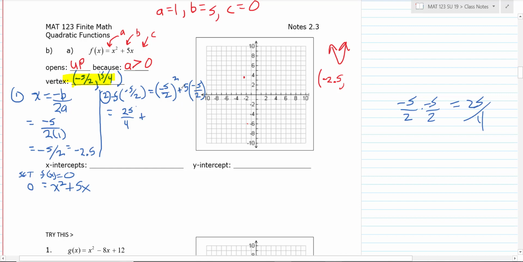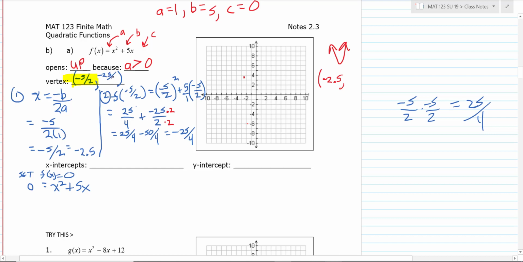And then this would be minus 25 over 2. Get a common denominator now by multiplying by 2 over 2, and you're going to get 25 over 4 minus 50 over 4, which is negative 25 over 4. So that would actually be the vertex then.